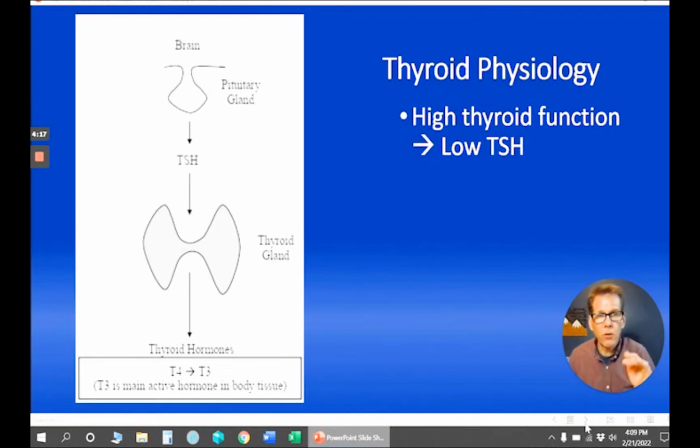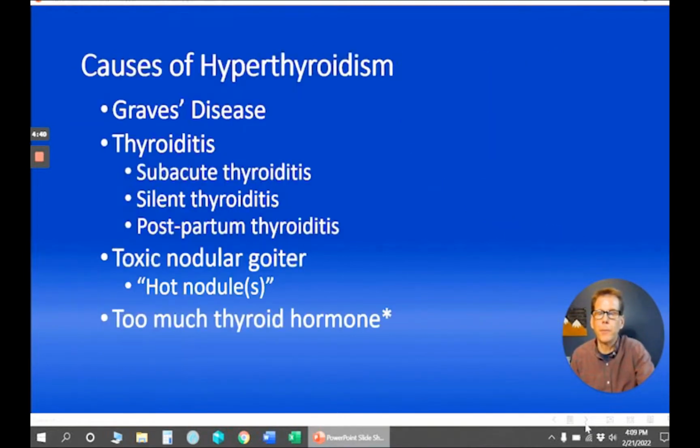And so that means, somewhat confusingly, I think, when people are getting used to thyroid physiology, that when the thyroid becomes overactive, when T3 and T4 levels go up, TSH goes down. And this is true under all circumstances where the pituitary gland is functioning normally. So you can think of TSH and T4 and T3 being on a seesaw. They tend to go opposite directions of each other.